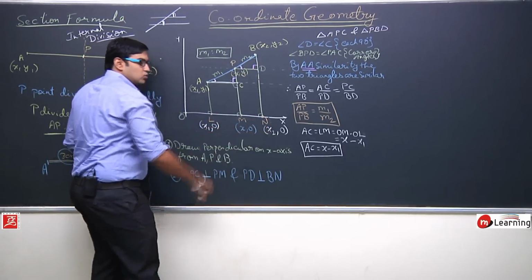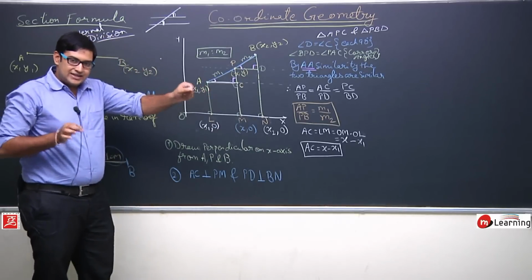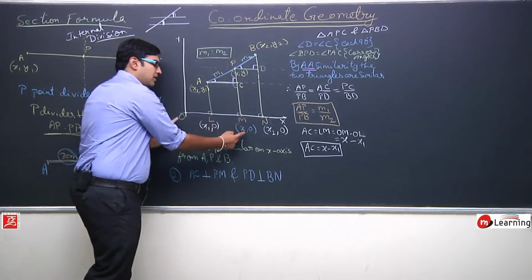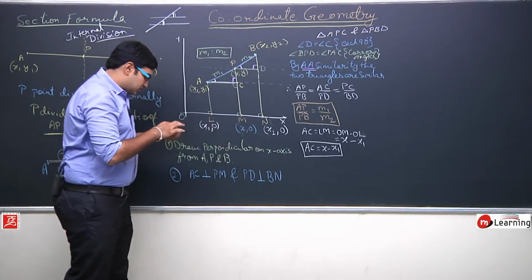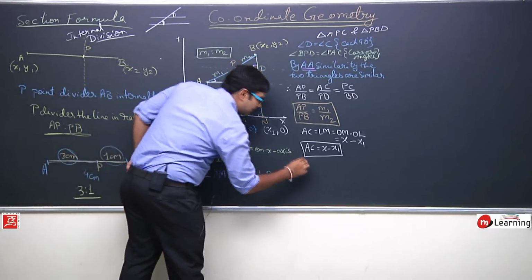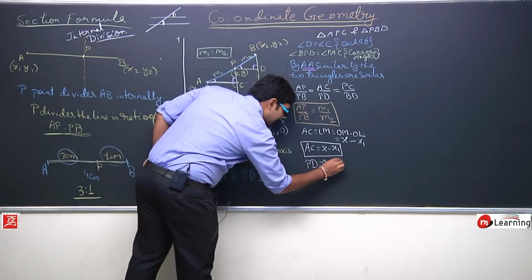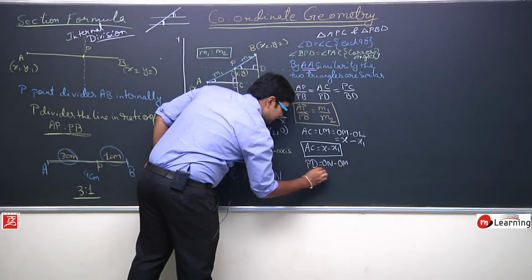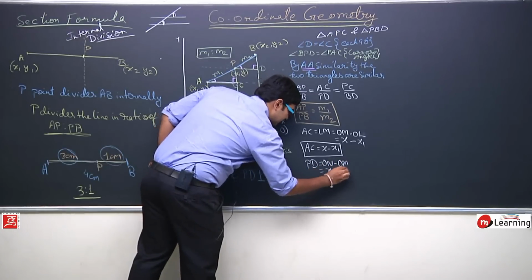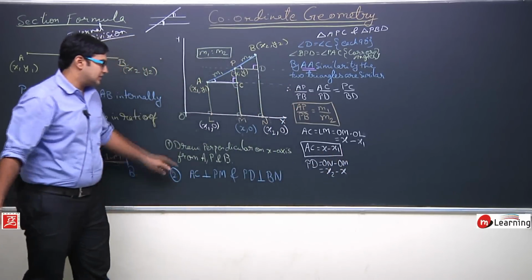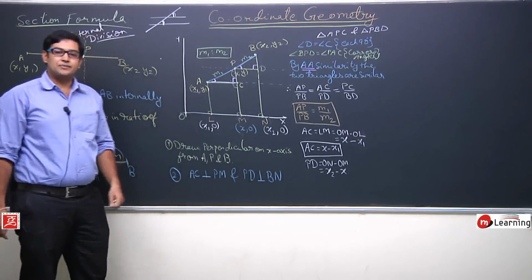The length of ON is x2, and what is OM? It is x. So I can directly write that PD is equal to ON minus OM, which is x2 minus x. This is the length of PD.